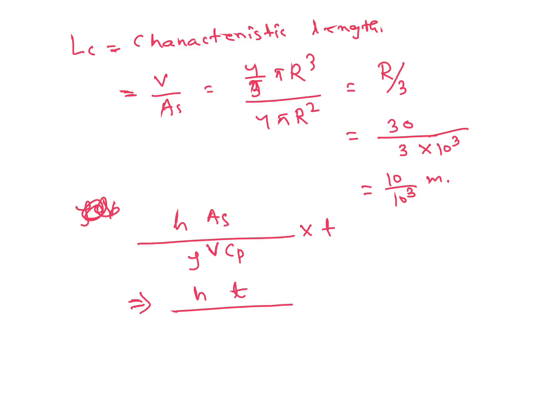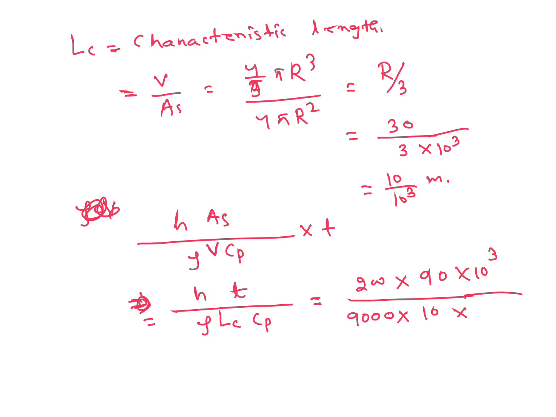Put the values: h is 200 into t is 90 seconds, divided by density 9000 into Lc 10 by 10 to the power 3 into the Cp value, 400. If you solve this one, you will get 0.5.